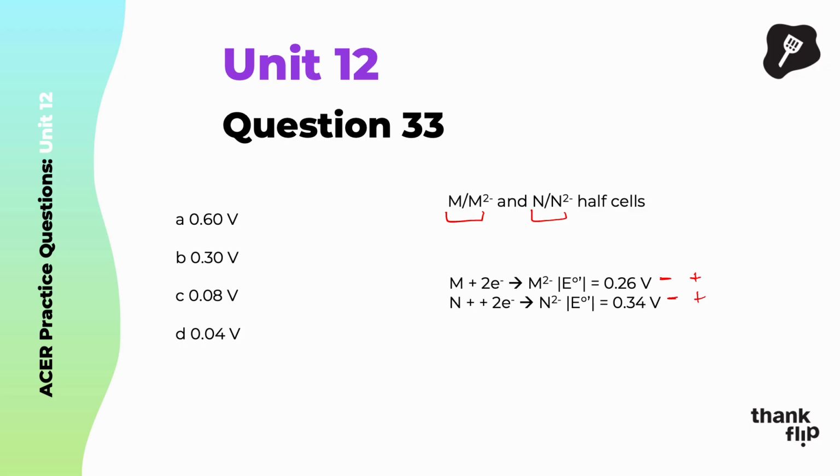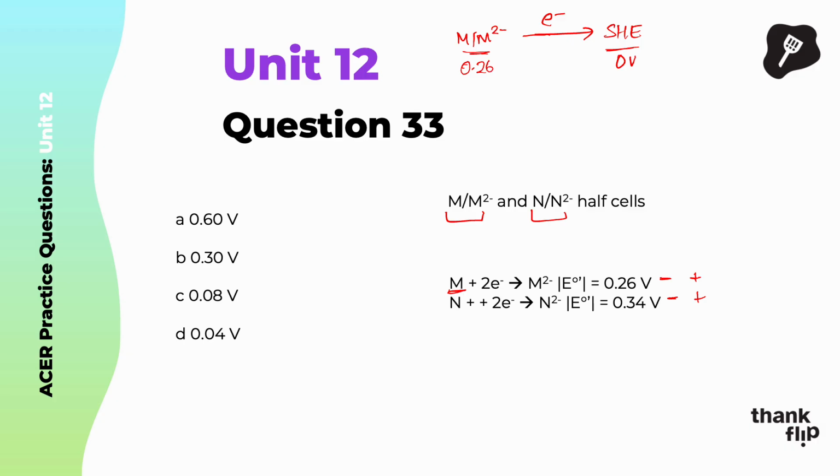When this MM2 half cell is attached to a standard hydrogen electrode, the electrons will flow away from this towards this. If we remember, the hydrogen reduction potential is 0 volts, so we just need to figure out whether this 0.26 is negative or positive.